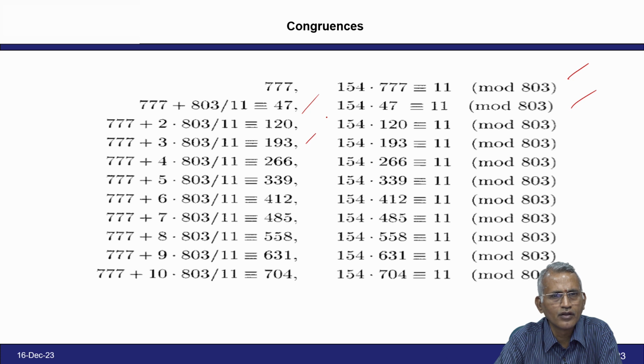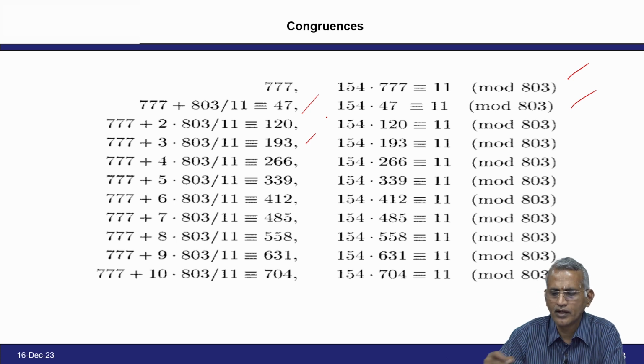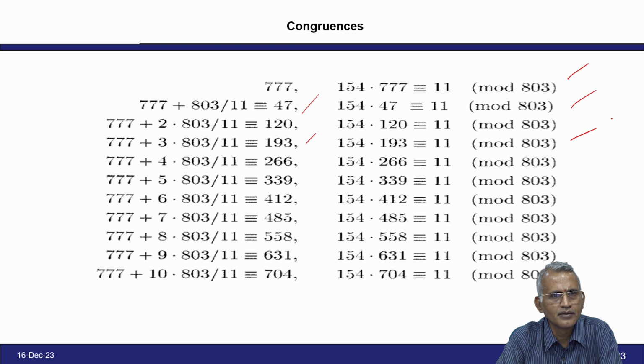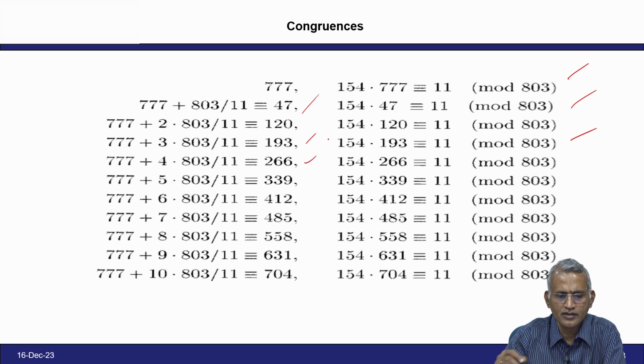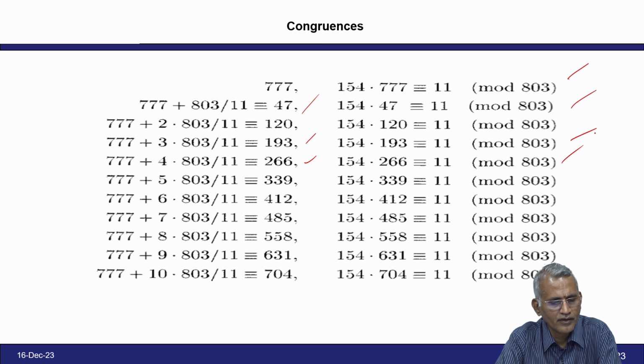Therefore, 154 into 193 is identically equal to 11 under modulo 803. Similarly, 777 plus 4 into 803 by 11 equals 266. Therefore, 154 into 266 is identically equal to 11 under modulo 803.